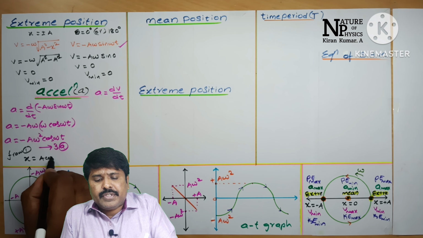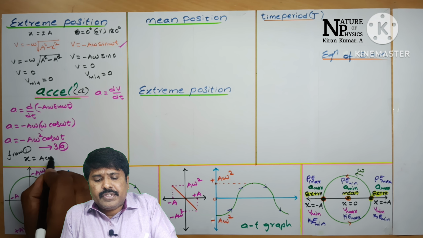See there, if you take theta is equal to minus 180 when x is equal to minus a, so that value is minus a, which is equal to a cos omega t. A gets cancelled, so that minus 1 is equal to cos omega t, and omega t is equal to 180 degrees.